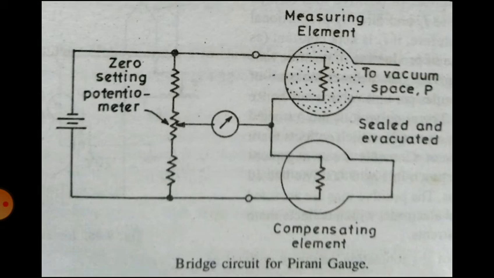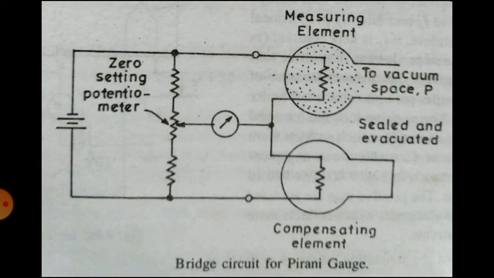The evacuated tube acts as a compensator to reduce the effect of bridge excitation voltage changes and temperature changes on the output reading. Now, in order to balance the bridge initially, the pressure in the measuring tube is made very small, and the balance potentiometer is used to set the zero. So zero adjustment is made initially.